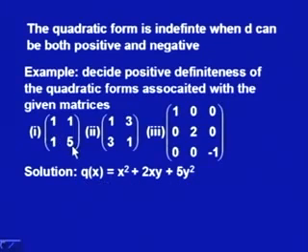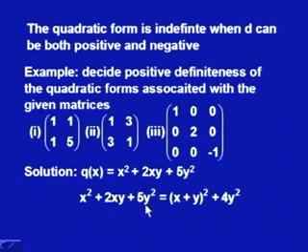This matrix is associated with the quadratic expression x square plus 5y square plus 2xy. We can write this form as (x plus y) whole square, I am rewriting this expression, plus 4y square. See, (x plus y) square is equal to x square plus y square plus 2xy.